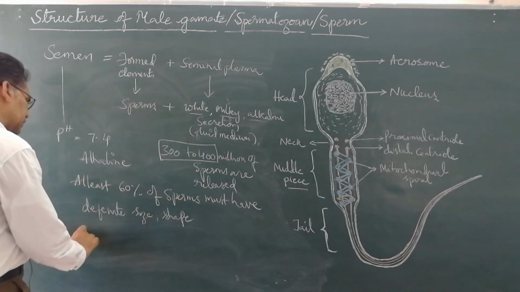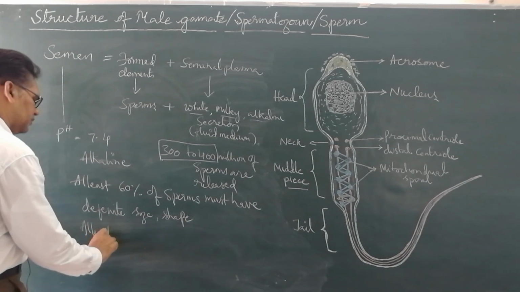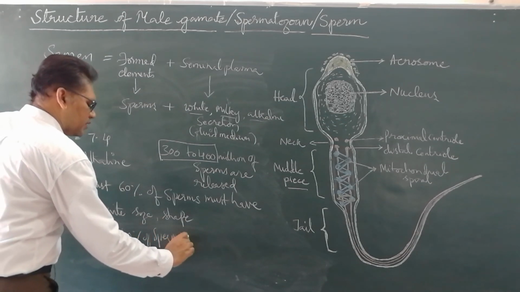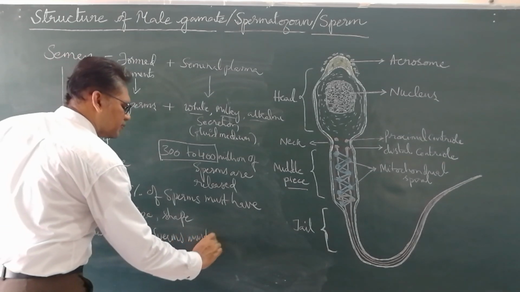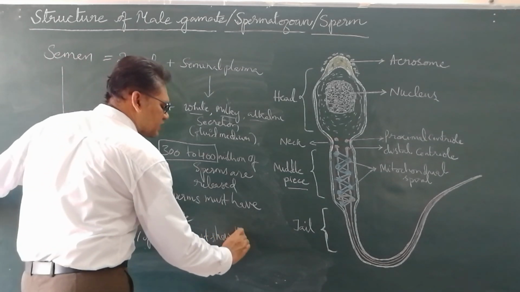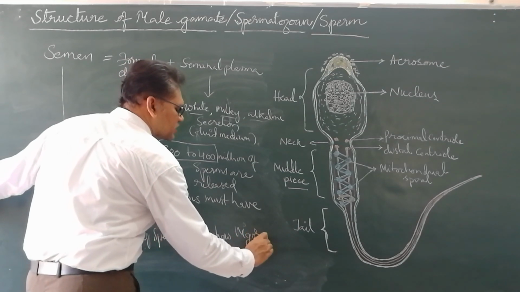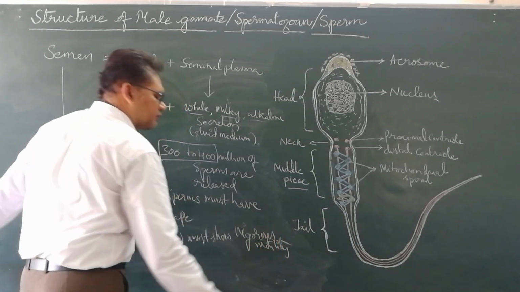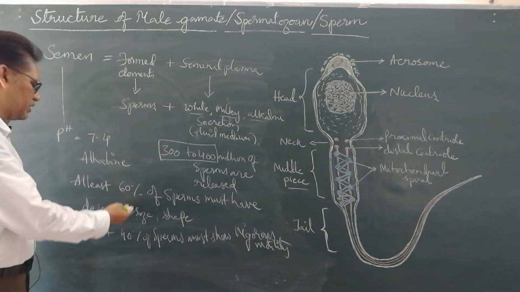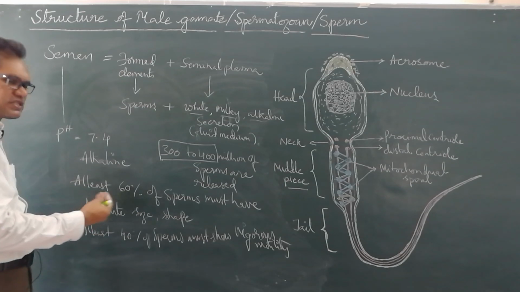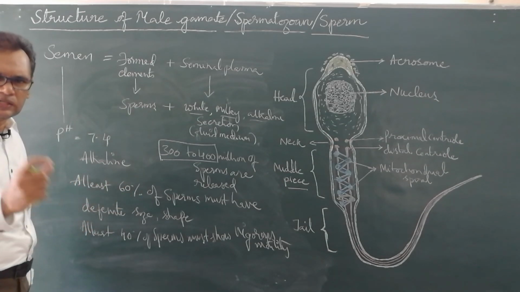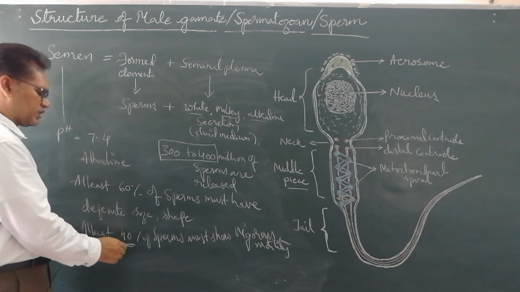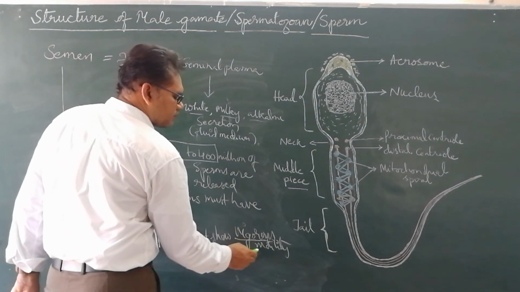Then at least 40% of sperms must show vigorous motility. Now this is what we require for fertilization. At least 60% of sperms must have definite size and shape, morphologically, and at least 40% of the sperms must have vigorous motility.